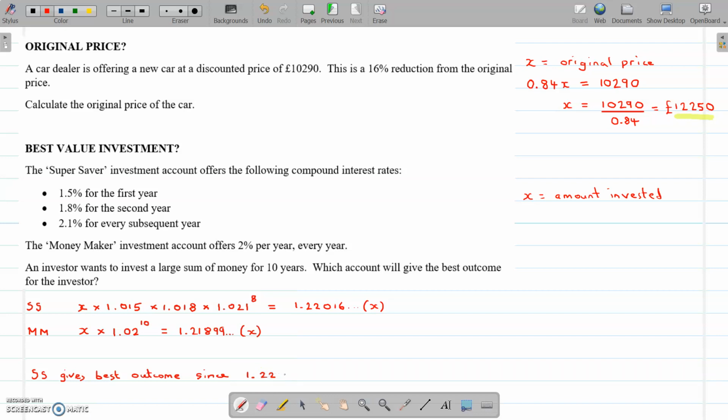1.22 is greater than 1.21. At that point I only need to go to the second decimal place because I can see the difference. That might seem a very obvious thing to say, but you must state it to get the marks.